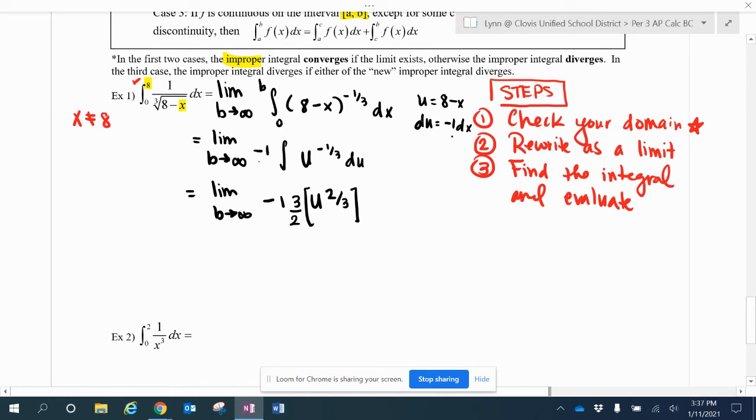Whatever my limits are here, but I'm going to go ahead and replace my u term with my x values. What I'm doing here essentially is saving myself a little bit of trouble of having to find new limits, and I'm going to stick with my limits in terms of x. So the u I just swapped out for that, and then again I'm going from 0 to b.